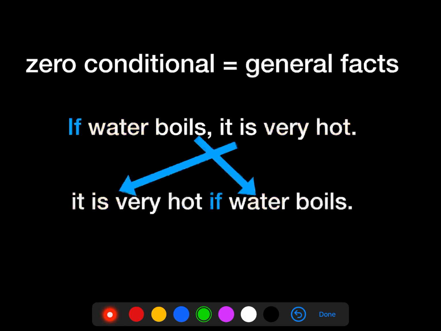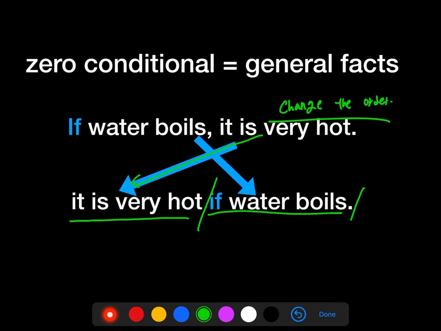Also, we can change the order, like this: it is very hot first, and then if water boils, like this. So, zero conditional again.